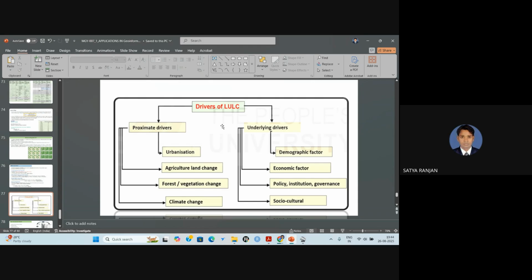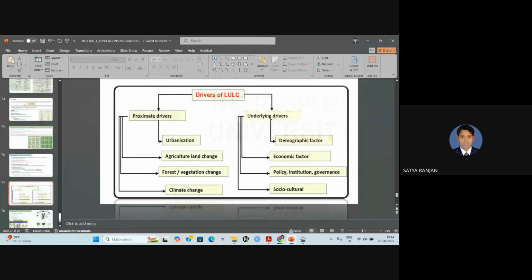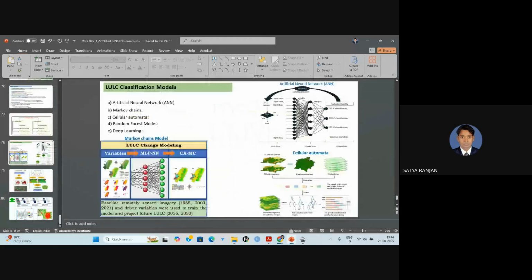This is the diversity of LULC, proximity, urbanization, and economic factors. Different models are used for the classification of land use. We have also seen supervised classification and unsupervised classification.